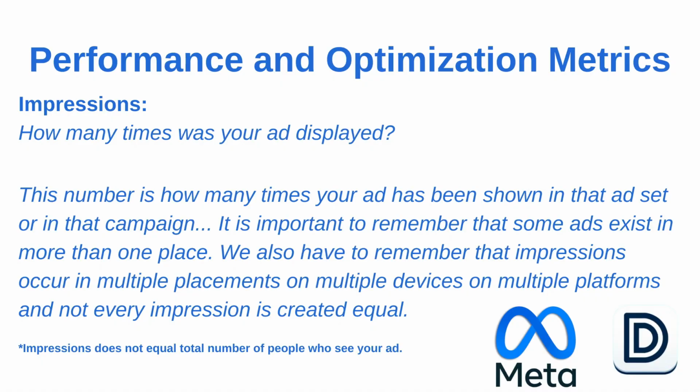So now let's get into some metrics that we've talked about before, but we need to clearly define, starting with impressions. Impressions is how many times your ad was displayed. This number is how many times your ad has been shown in that ad set or in that campaign. Best practice here is to remember that your ad might be in more than one ad set or more than one campaign.